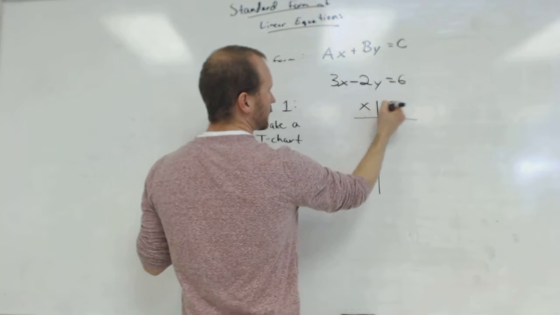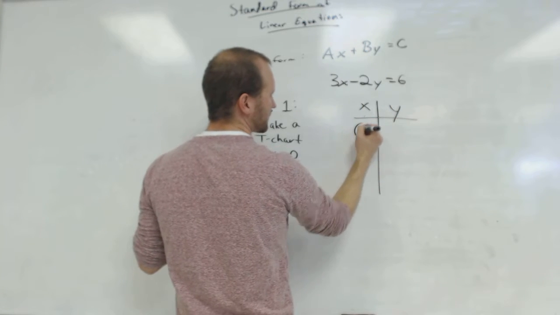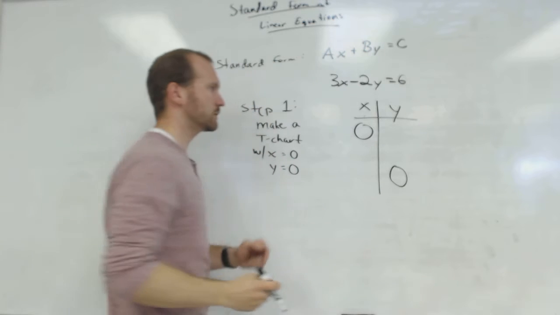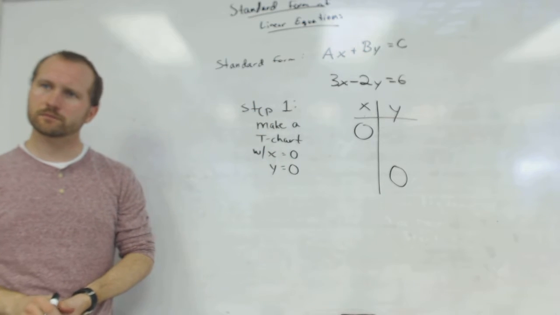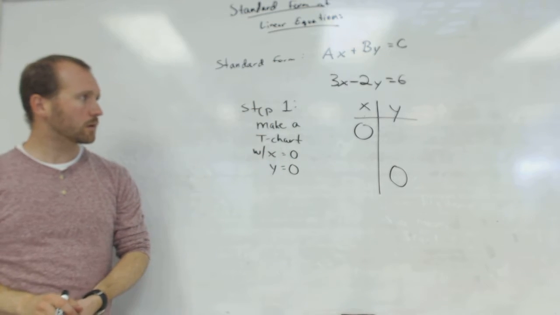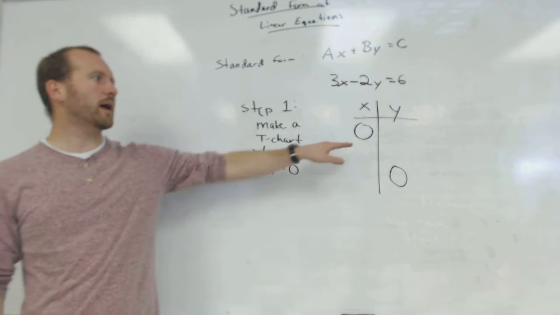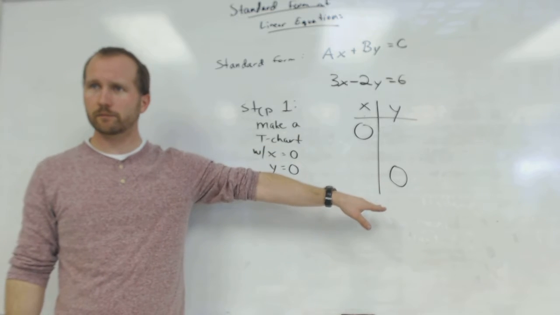So I make a t-chart. One of the lines is x equaling 0. One of the lines is y equaling 0. This is just reminding me what I'm doing, right?